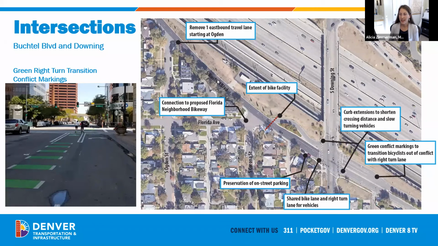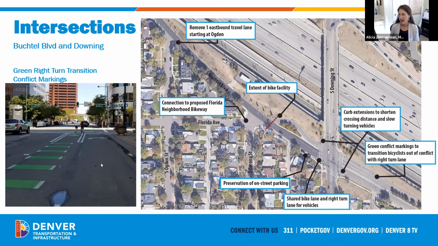But in order to get that bike facility in, the project extents reach out starting towards Ogden, where the travel lane changes happen. So again, connection to the Florida Neighborhood Bikeway, preservation of on-street parking in this little section here. And we already talked through these other pieces.